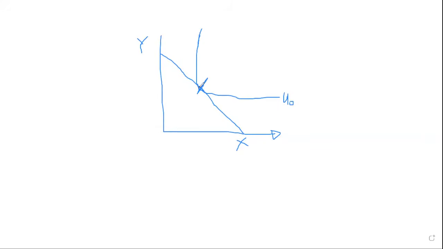Now, at that point, the slope of the BL is equal to the slope of the IC.